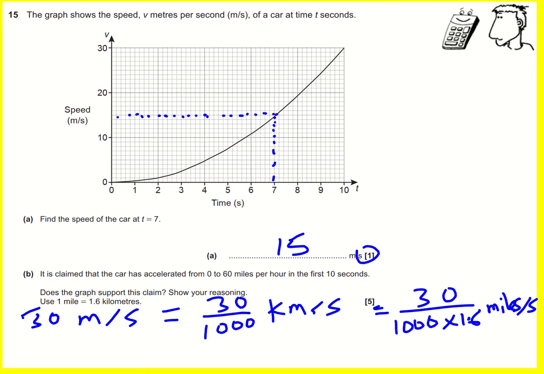However, here, because it's per second, we're actually going to be multiplying by 60 because we're going to go further in a minute than we would in a second. So you just have to be careful if it's a per something, whether you divide or times, and just think about it logically.